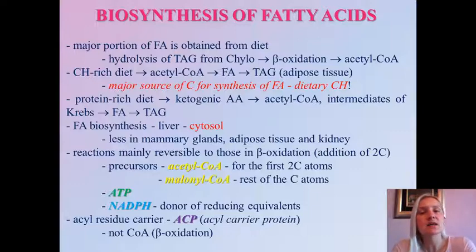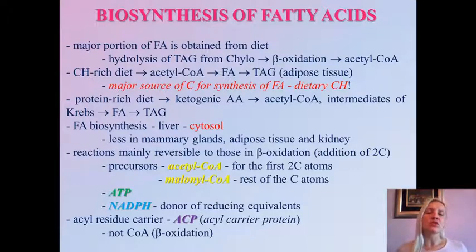The 3-acylglycerols can be accumulated or deposited in adipose tissue, creating a pool or reservoir of fatty acids for periods of starvation or increased energy needs. So we can conclude that the major source of carbons for the biosynthesis of fatty acids is dietary carbohydrates.